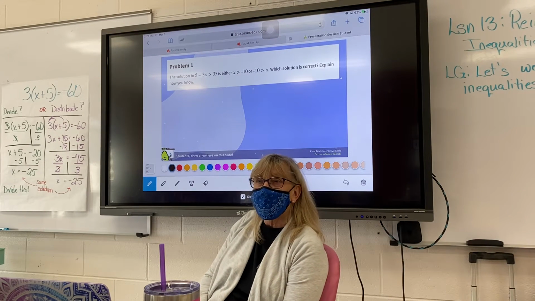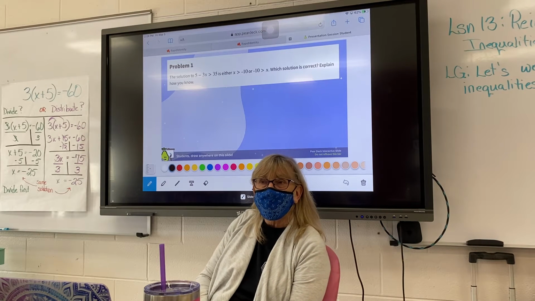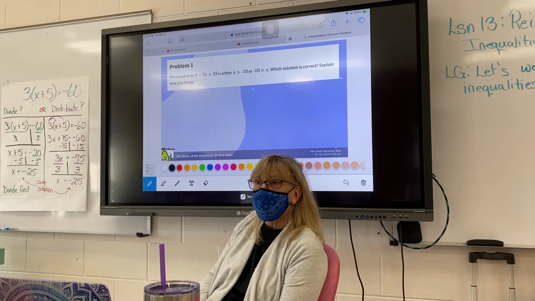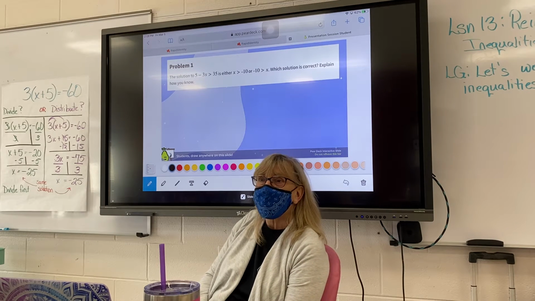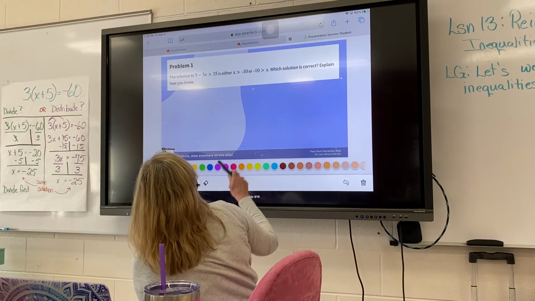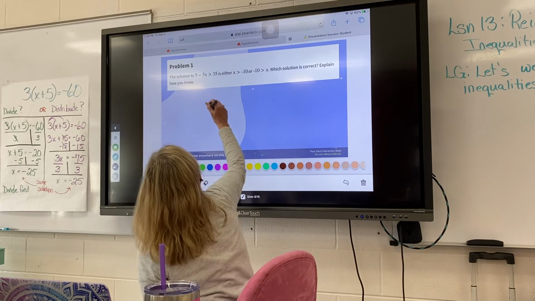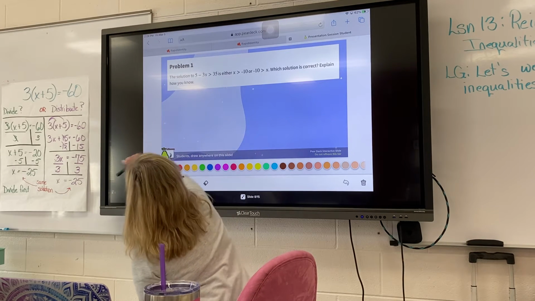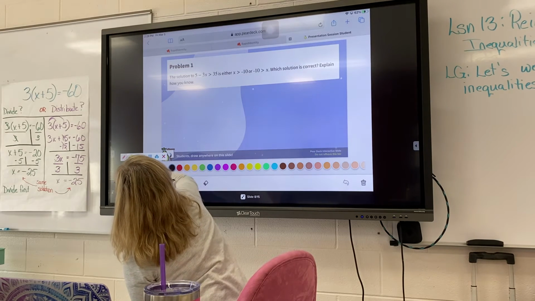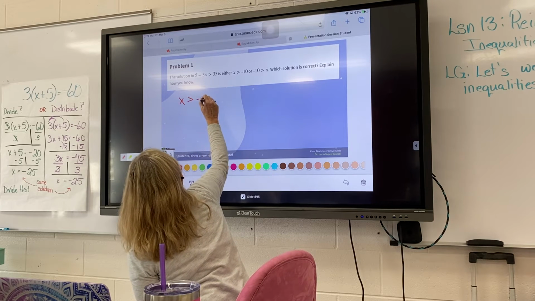The difference between the second one and the first one is that the first one is something under negative 10. So let's say negative 35, multiply it by... This first one says x is greater than negative 10.